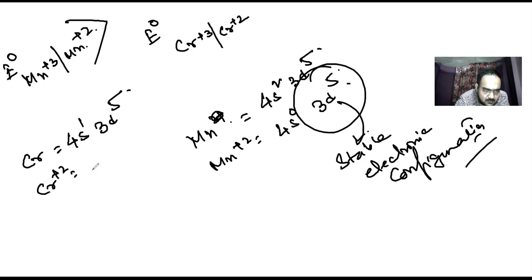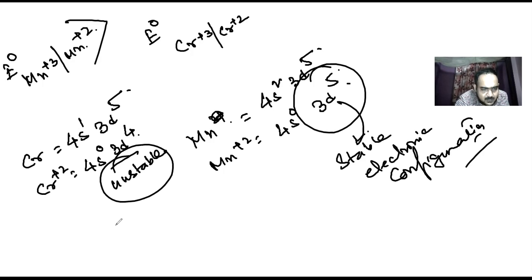In the +2 state it is 4s0 3d4, which is unstable, so you can easily eject one electron. That's why Cr+2 can easily be converted to Cr+3.